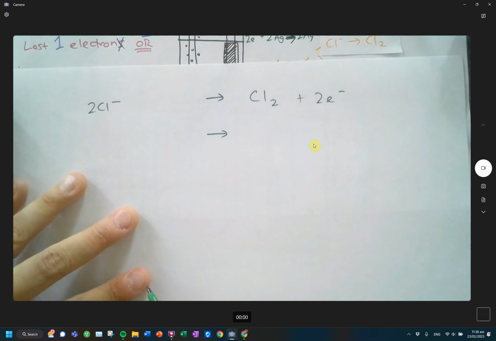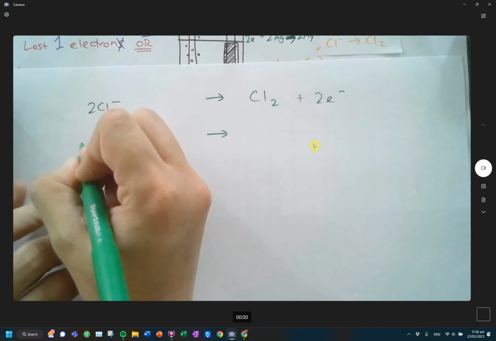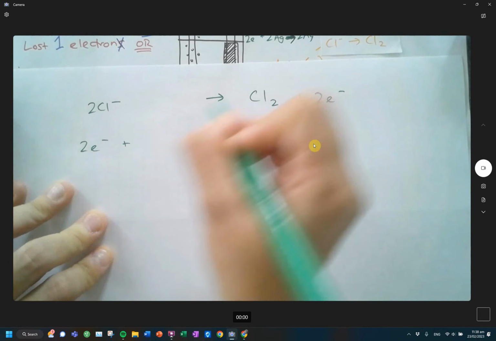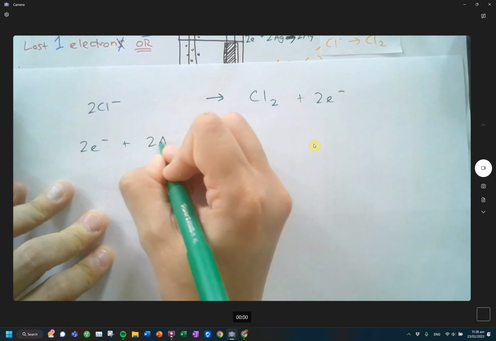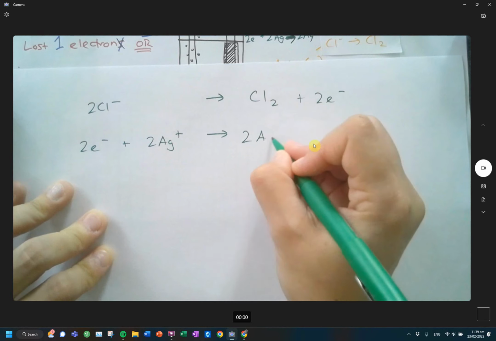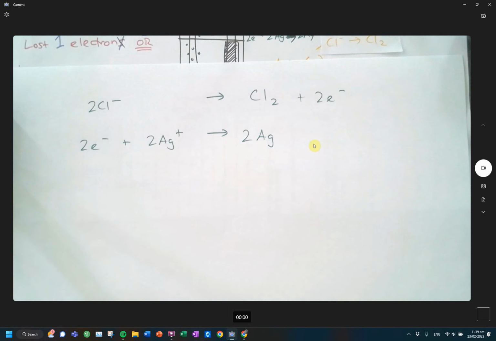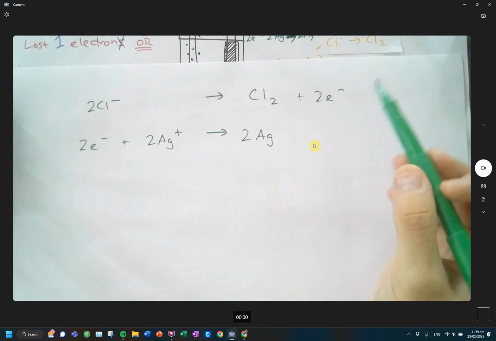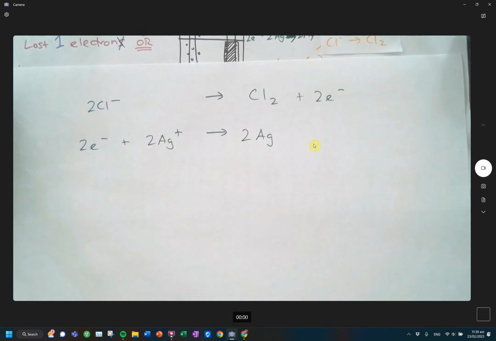For my silver, I have 2 electrons plus 2 silver ions, and then my product is 2 silver as the element. So I've lined up my 2 equations. These are your half equations, and that's what you need for the merit.